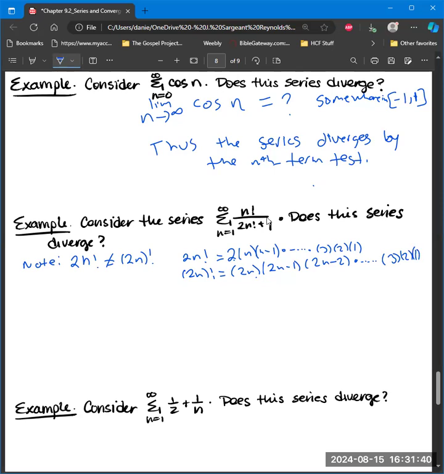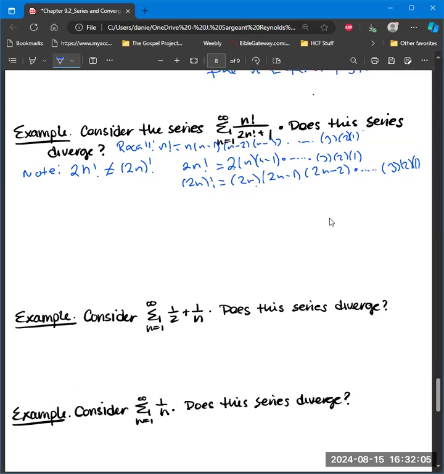So recall, in general, that n factorial is equal to n times n minus 1 times n minus 2 times n minus 3 times dot dot dot times 3 times 2 times 1. So we need to think about the nth term test here. Limit as n goes to infinity of n factorial over 2 times n factorial plus 1.